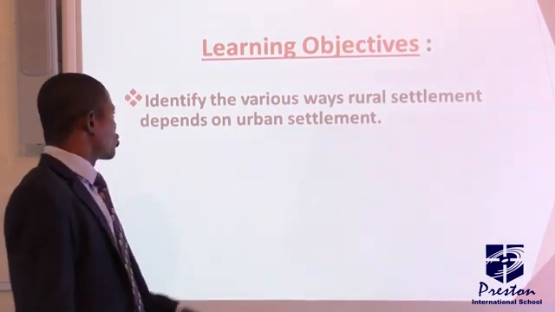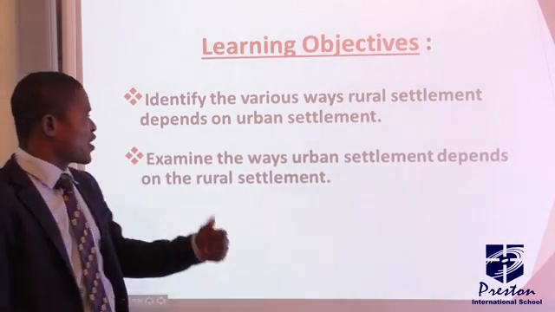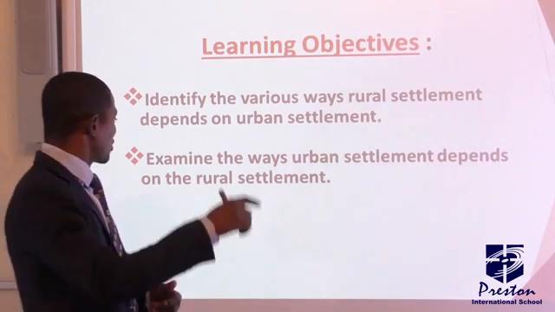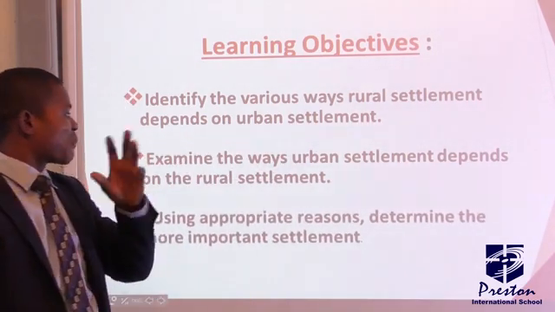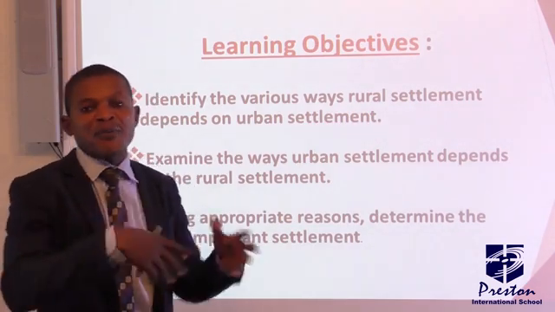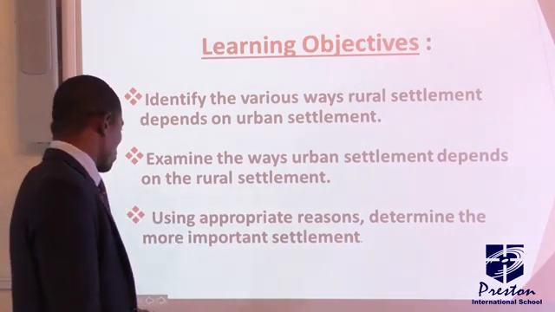Number two, you should be able to examine the various ways urban settlements depend on rural settlements. And lastly, using appropriate reasons, you should be able to tell us which between the two is the most important settlement.